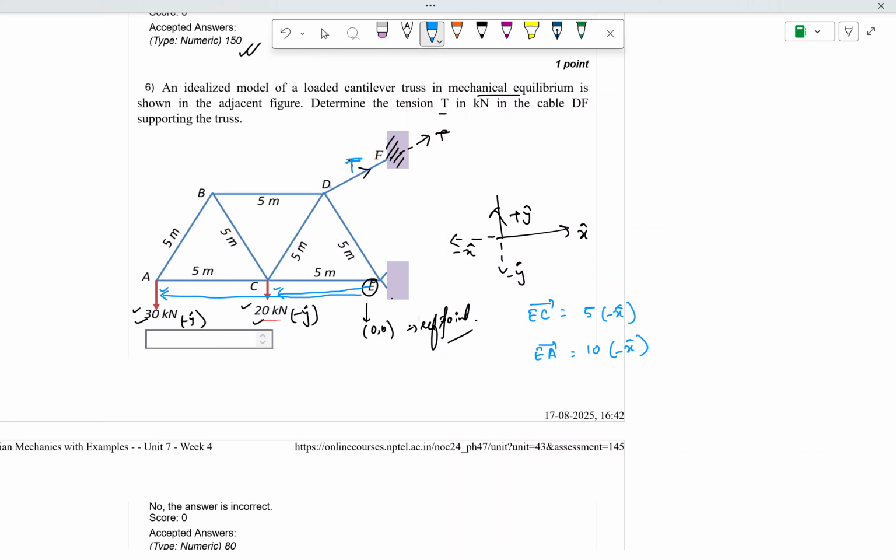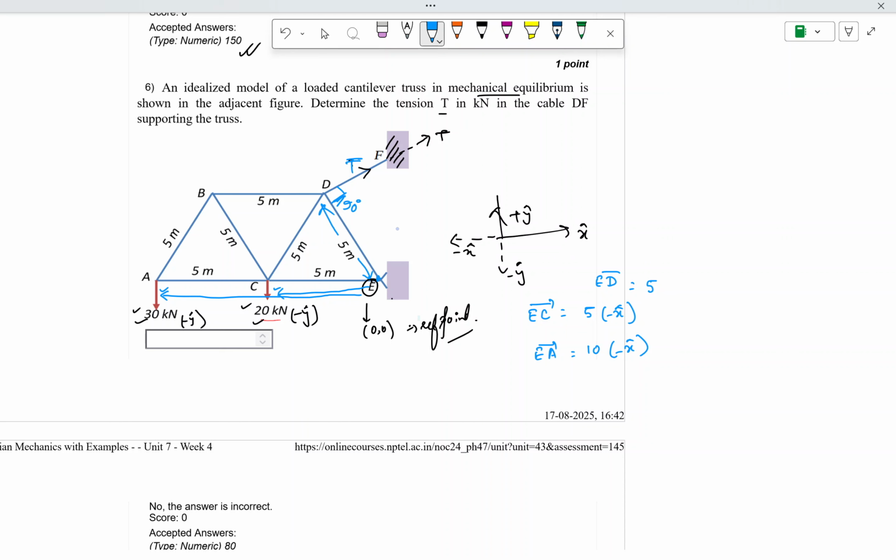If you look at this tension, it is at right angle with this cable direction. This is 90 degree. With respect to the reference point D, this distance is already mentioned as 5 meter. So your r vector for this case is the ED vector, which is 5 is the magnitude, and there is some x cap and y cap mixed because this is not exactly in x or y.